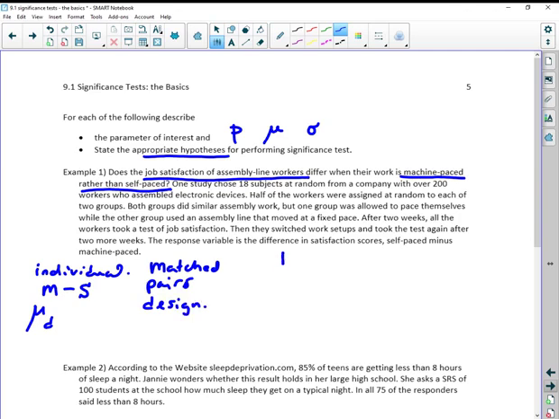So think about your symbols, mu or p, which symbol would be appropriate for this satisfaction? Well, I've already written it over there, so I guess that's a dead giveaway. But that's going to be equal to what?